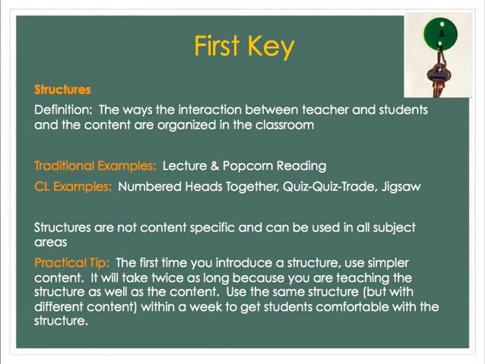So some cooperative learning examples of structures would be numbered heads together, where every student has a number and you pose a question, they put their brains together and hold up the corresponding number. Or we often do it as letters to mimic standardized test type of questions. Quiz, quiz, trade.